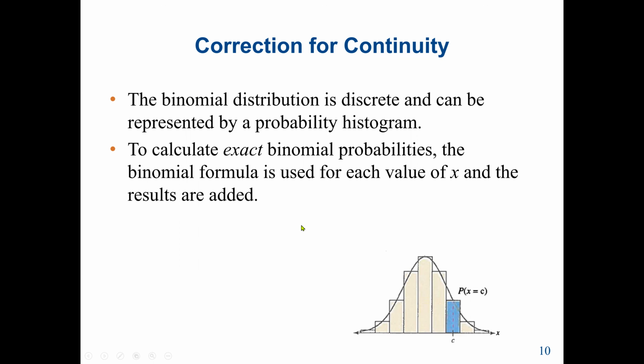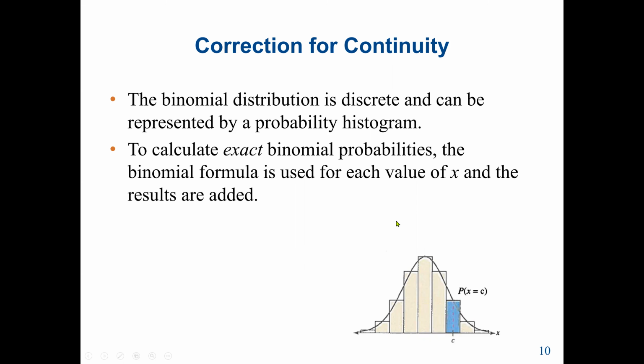We know the formula is the combination of n and x, where x is our random variable, whatever amount, and n is the size of the sample. Then p to the power x, where p is the probability of success, then q to the power n minus x.